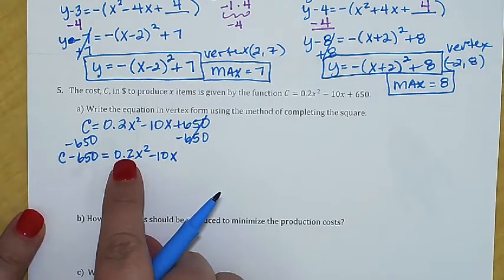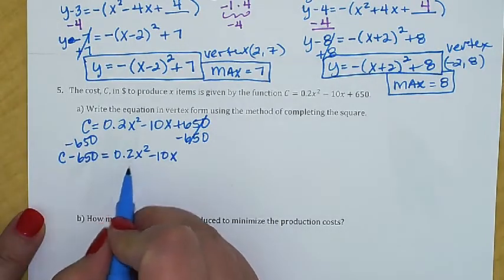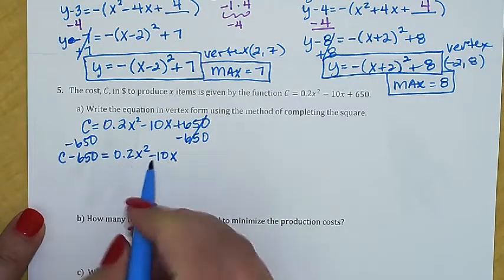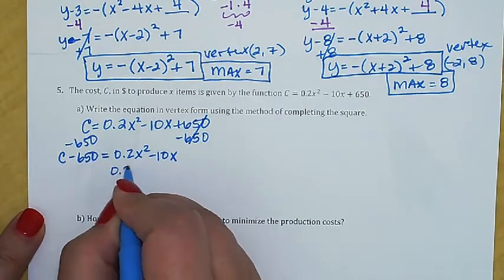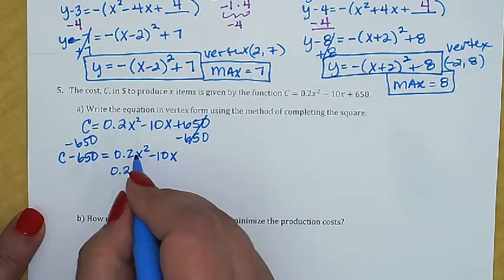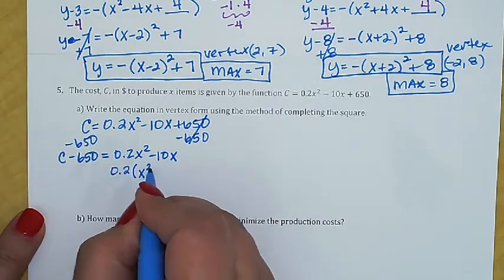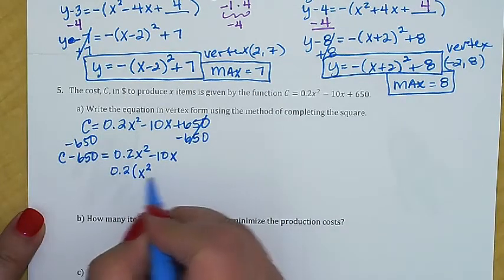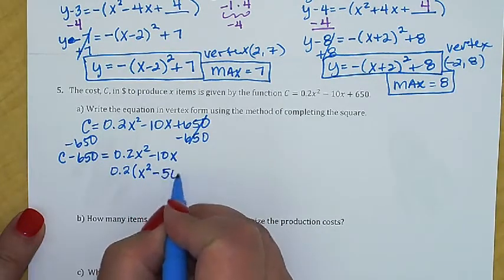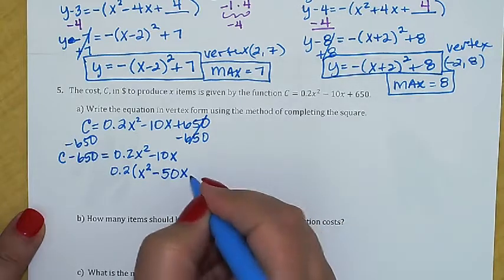This time it's not just a negative, it's actually a number. We still need to factor it out because the only way we complete the square is if there is not a number here. So we're going to factor out 0.2. We're going to divide a 0.2 or a 2/10 out. So if I divide that here, I just get x squared. But if I divide -10 by that, I actually get -50x.